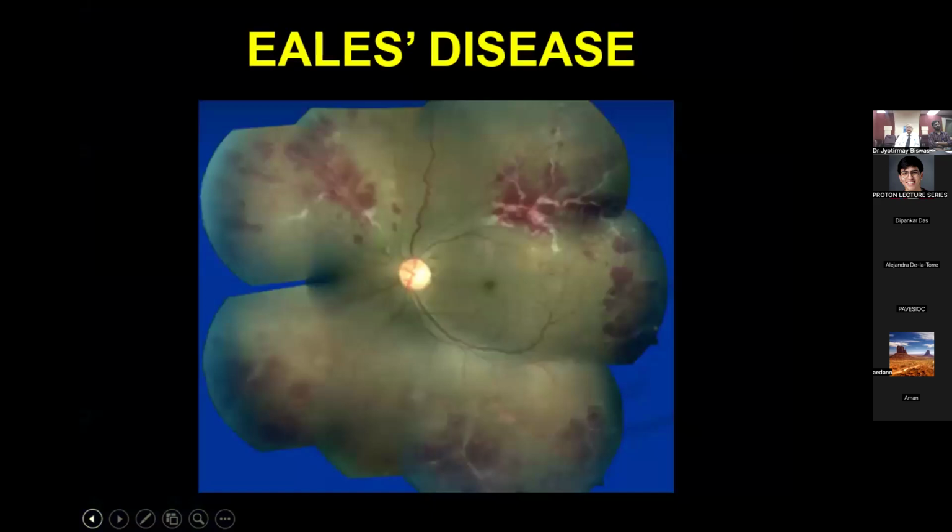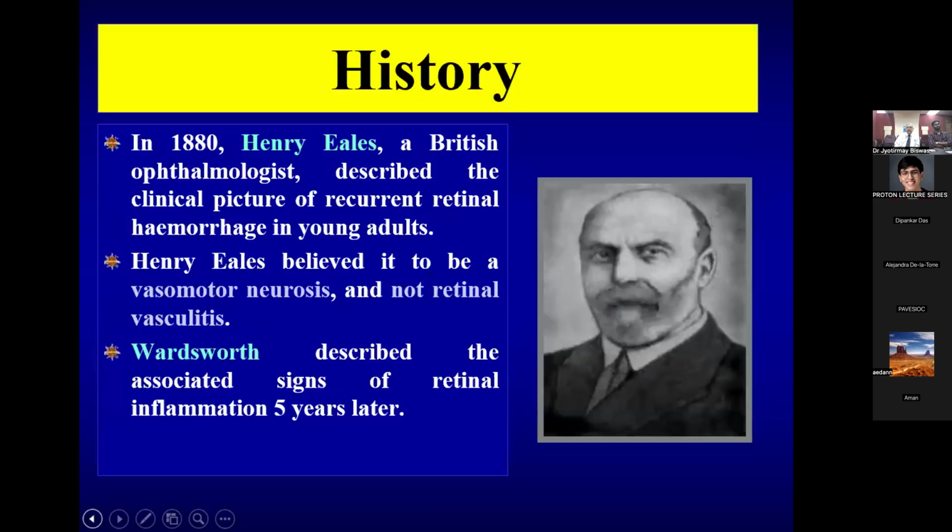I will talk about Eales disease because this disease we see predominantly in our country, and it was Henry Eales, in 1880, a British ophthalmologist from Birmingham, who described this disease in young adults with recurrent retinal hemorrhage. He believed it to be vasomotor neurosis and not retinal vasculitis. Wordsworth, 5 years later, showed associated signs of retinal inflammation.